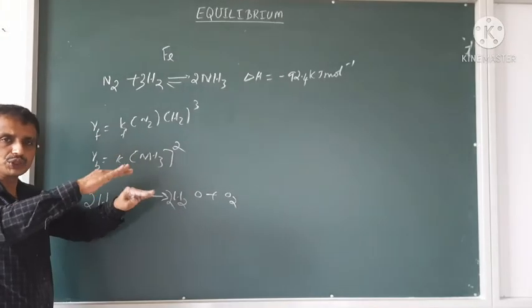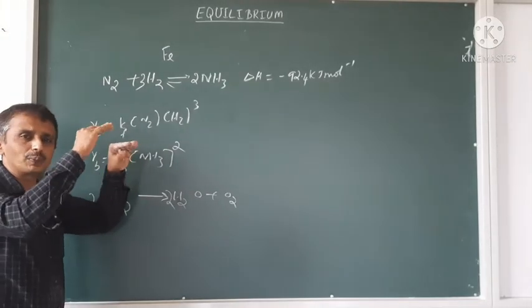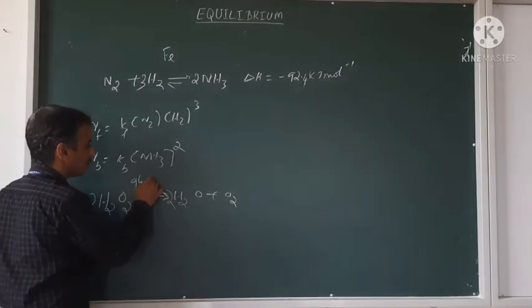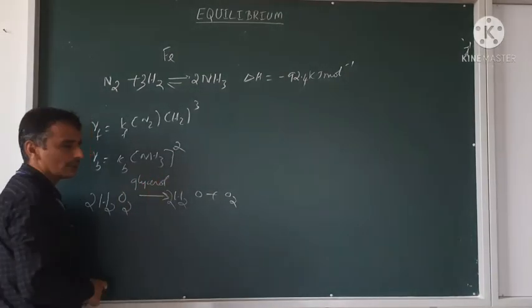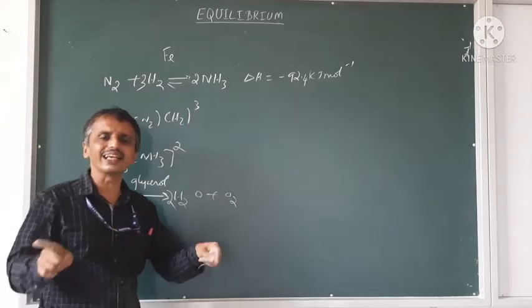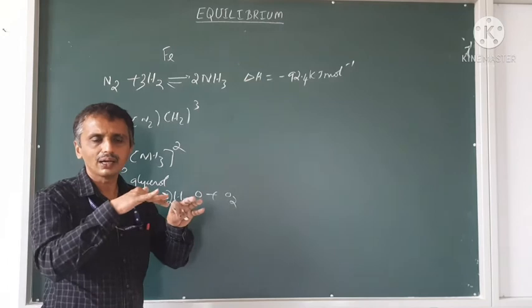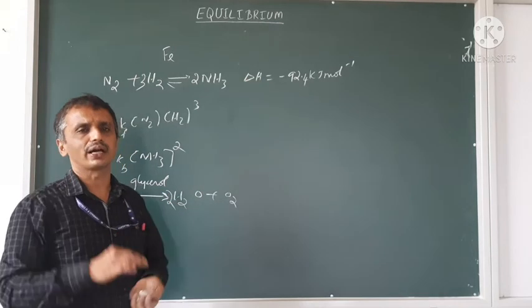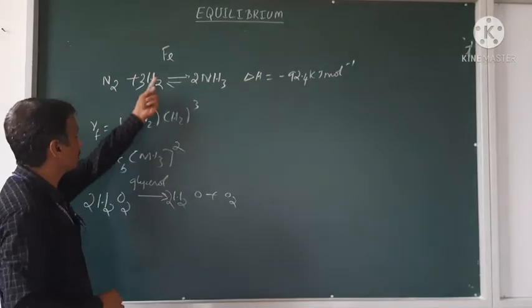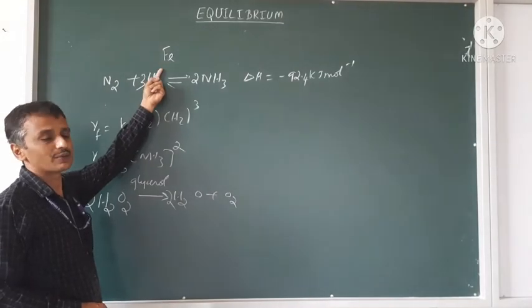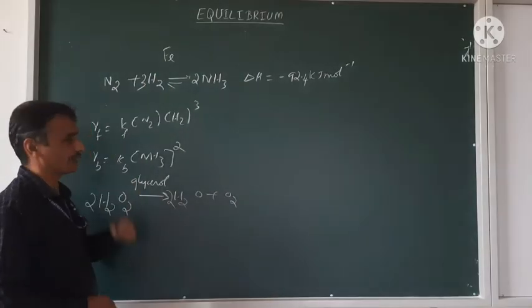Its rate of decomposition should be retarded. Add a little glycerol. This glycerol acts as a negative catalyst over there. It will be reducing the rate of the reaction. Whereas here iron increases the rate of the reaction, so it is a positive catalyst, and glycerol is a negative catalyst.